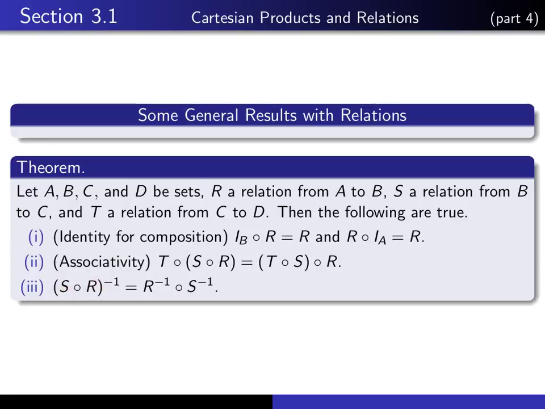R composed with S is a relation from A to C, so the inverse is a relation from C to A. This one is a relation from C to B. This is a relation from B to A, so the composition is again a relation from C to A. So at least it makes sense. You'll notice from a mechanical point of view, it's saying that if you want to distribute an inverse over a composition, you should take the compositions of the inverses, but in the reverse order.